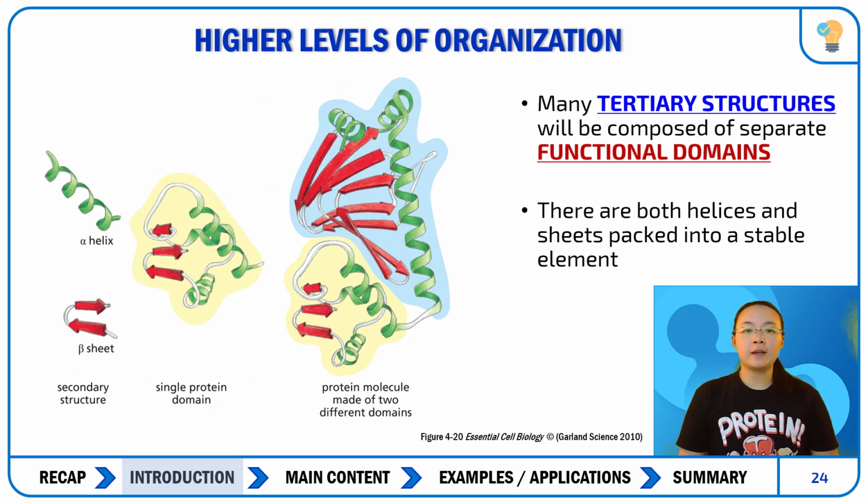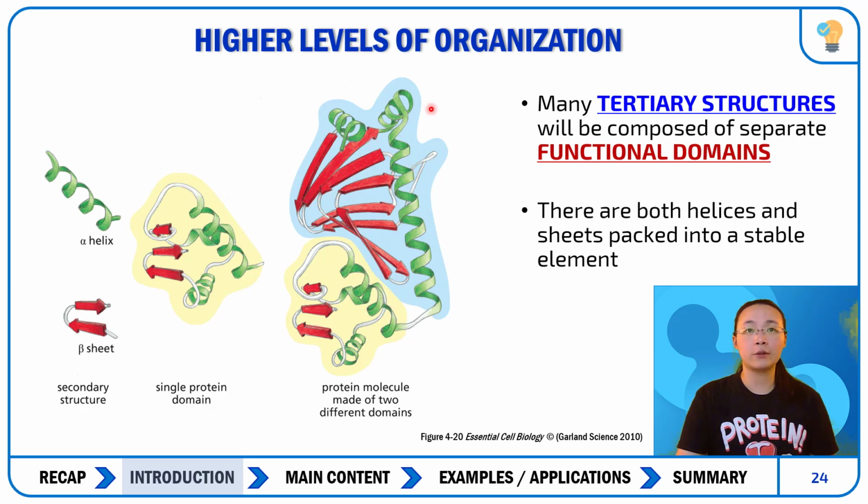So finally, after you have had alpha helices and beta sheets, they can combine and form protein domains. So these domains can come together to form larger protein aggregates or protein molecules. And the final form is called a tertiary structure and usually has different functional domains.